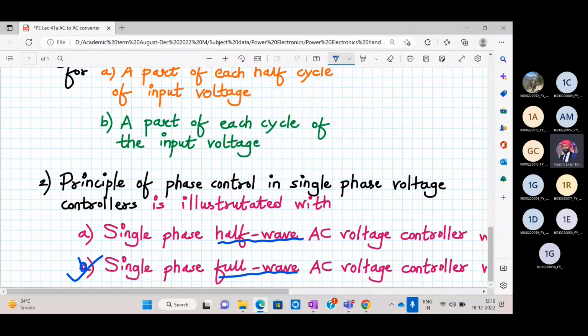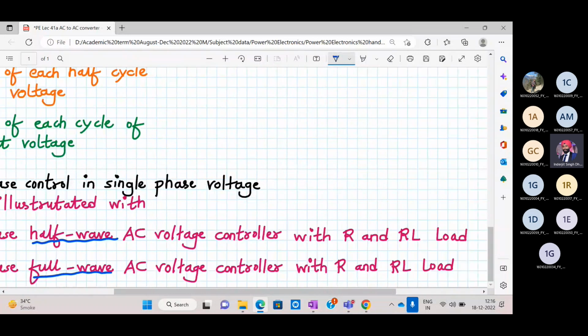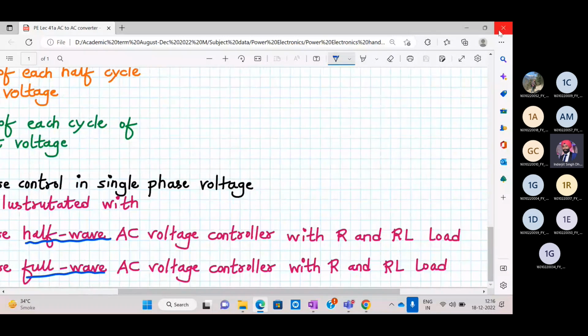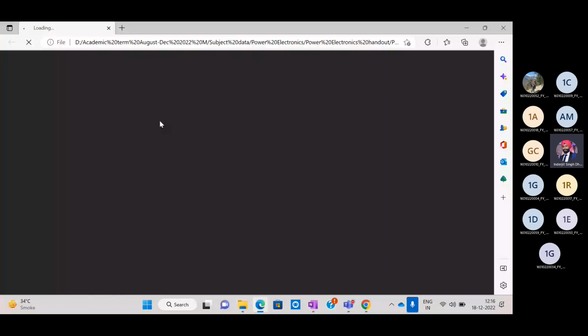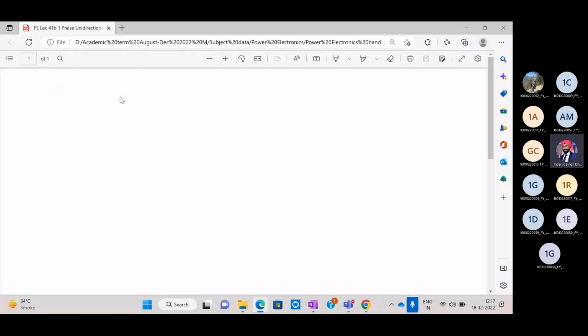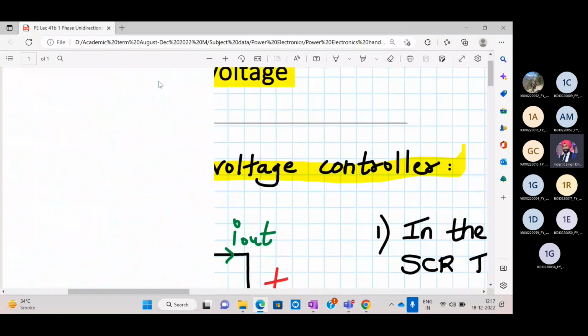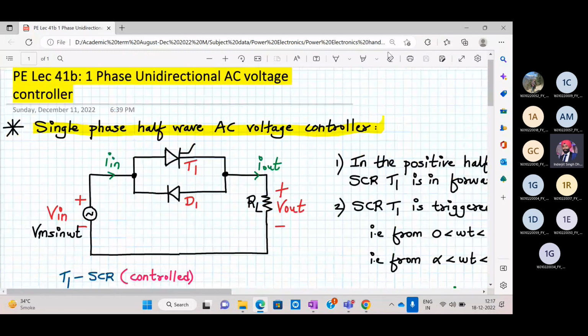So I'll briefly discuss half wave AC voltage controller with R and RL load next. Okay, fine. So this is done. Now we'll be starting with its topic, single phase unidirectional AC voltage controller.